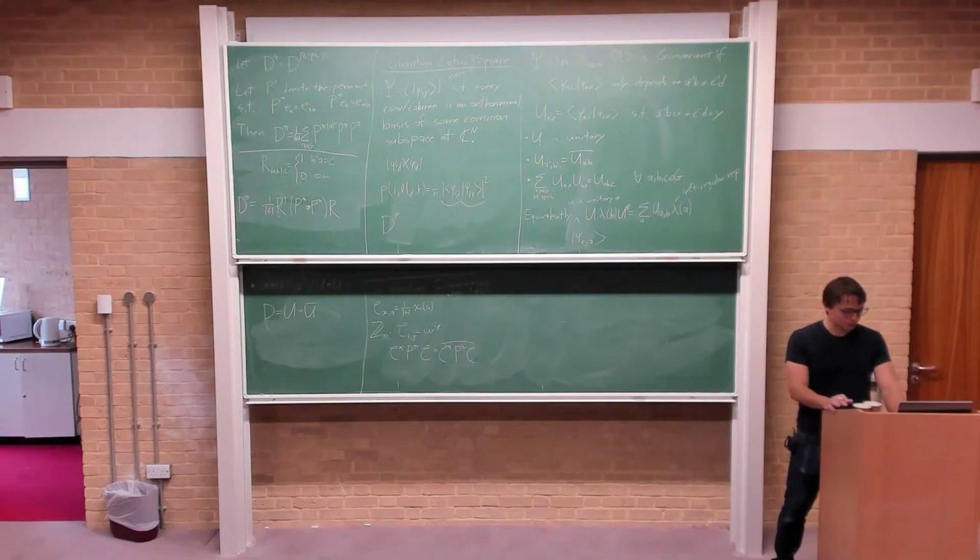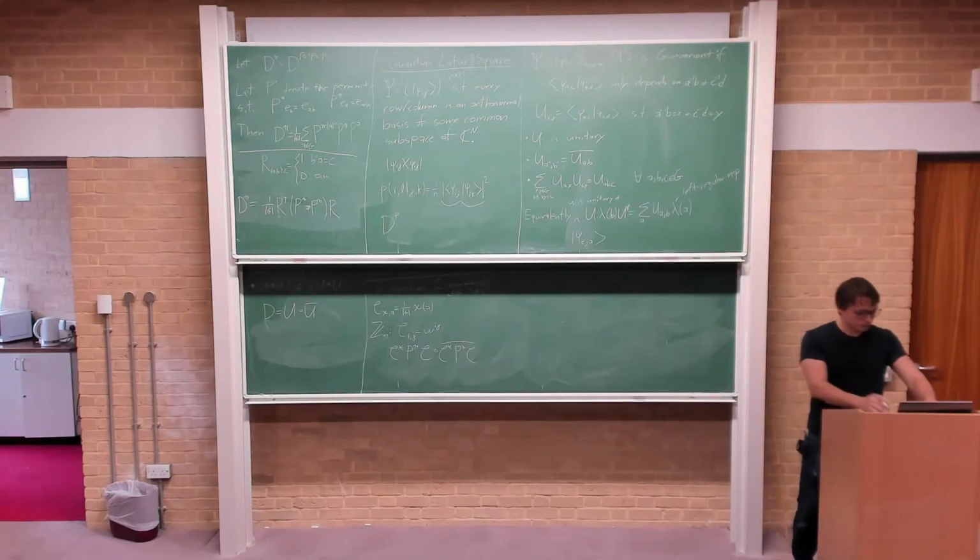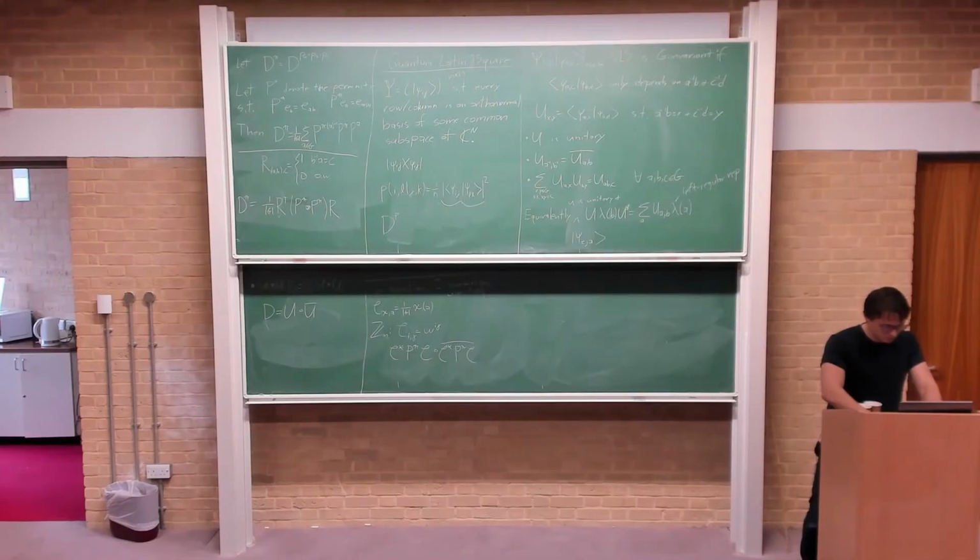Let me see if I can find the paper real quick. Well, of course, for small enough n, everything is classical. If G is of order less than or equal to 4, then everything's classical.